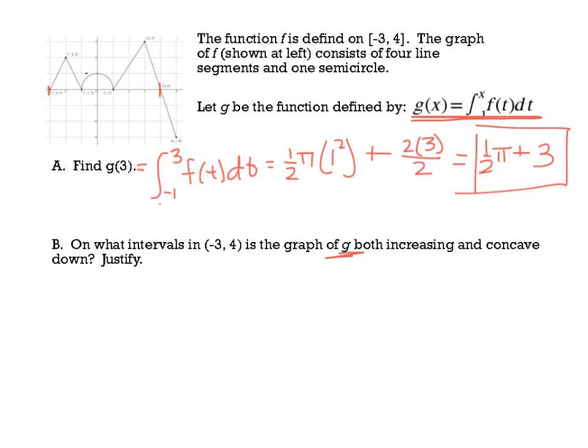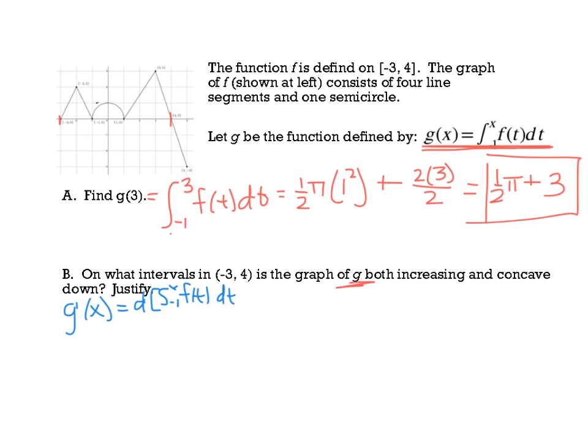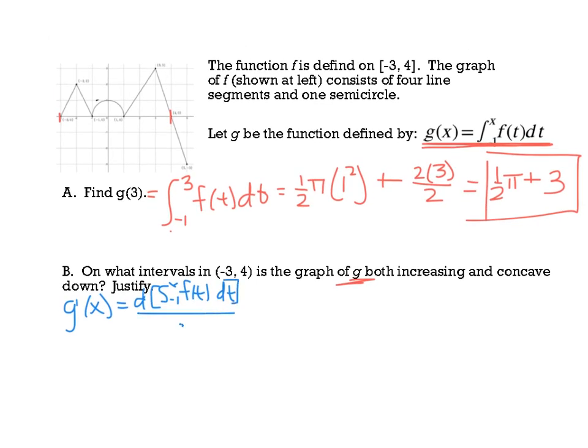Now if we evaluate g prime, or the first derivative of g, you are actually taking the derivative of that integral, -1 to x of f of t dt, all over dx, so the derivative of that integral.